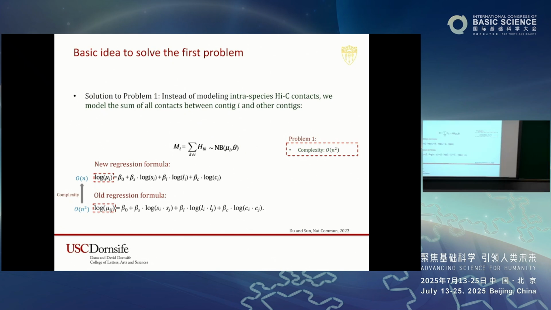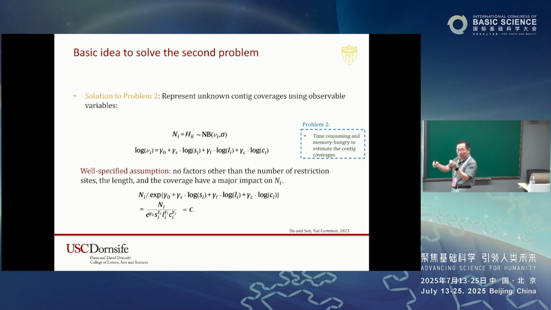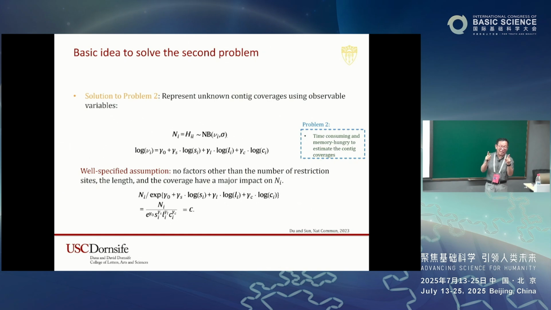That's the first. The next question is, how do you overcome the problem of coverage? As I mentioned, the coverage cannot be accurately estimated for long reads, so we don't want to use that number. How do we do it? What we do is use the Hi-C reads to calculate the coverage instead of using the contig.